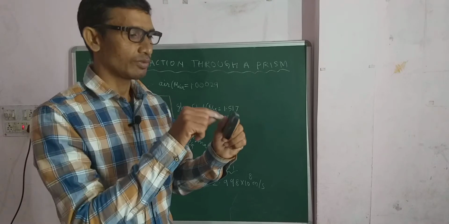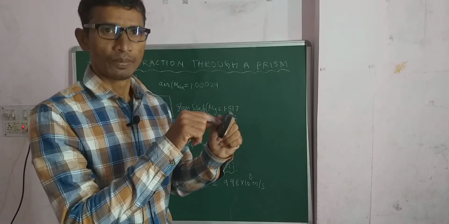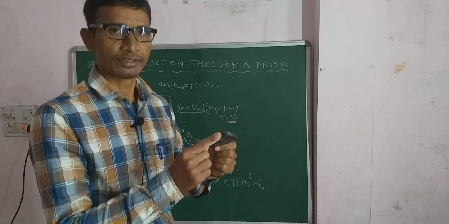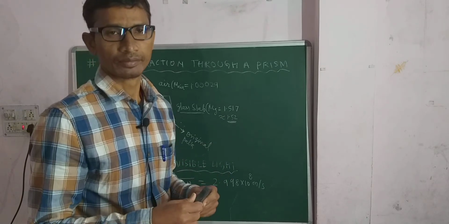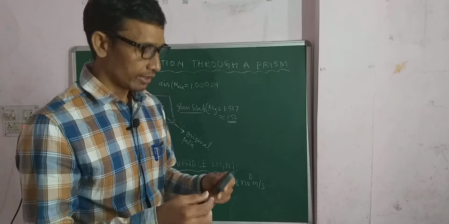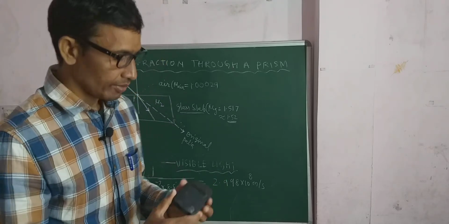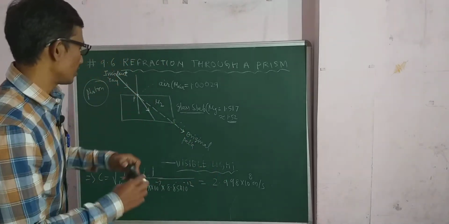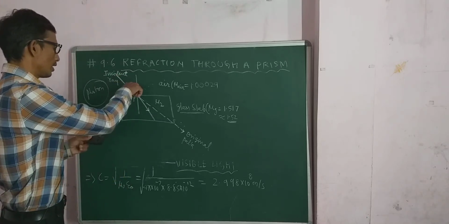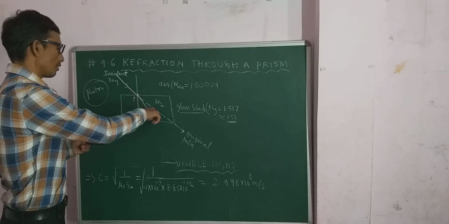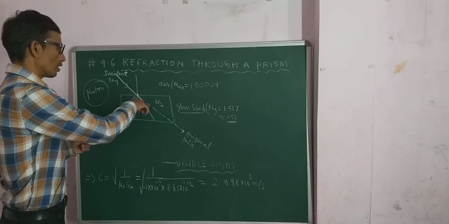Suppose that this is a transparent medium and this is its refractive index. How can we define it? So you know that a transparent medium has transparent things and an equilibrium part. When the light is incident from air and travels in the denser medium, it deviates toward the normal.